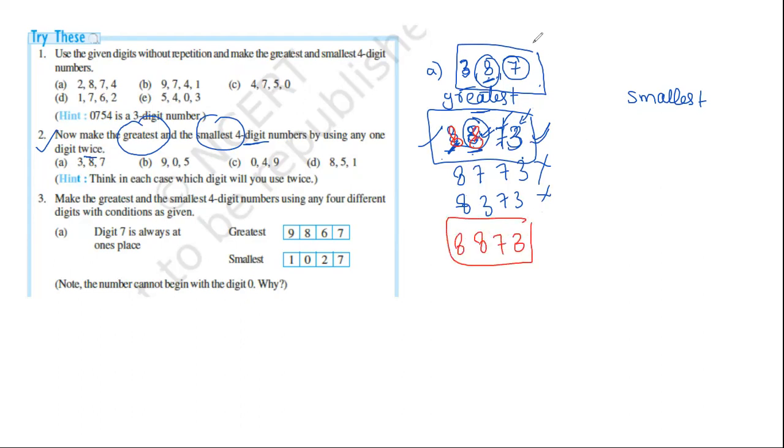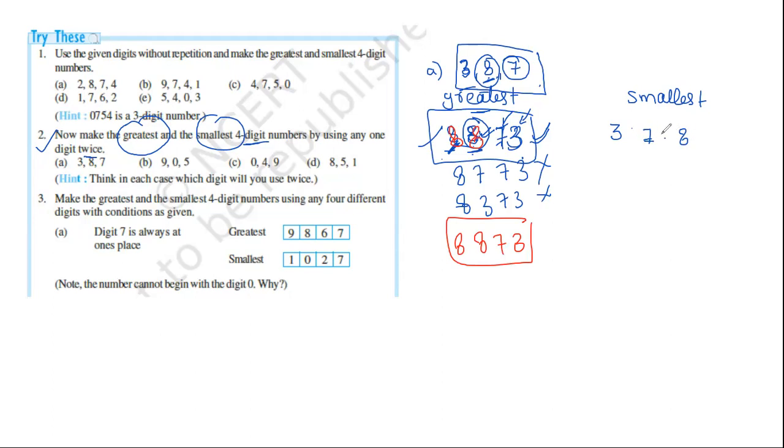Now it's talking about the smallest number. So same, we will start as I told you that you will have to take the smallest number first, then you will have to write it in a way that the digits increase. Okay. So after 3, what should I write? Should I write 7? Yes, you will say, ma'am, write 7. Then you will write 8. But we need to make the 4-digit number and any 1 digit you can repeat. Suppose I repeat this digit 7 here, right?